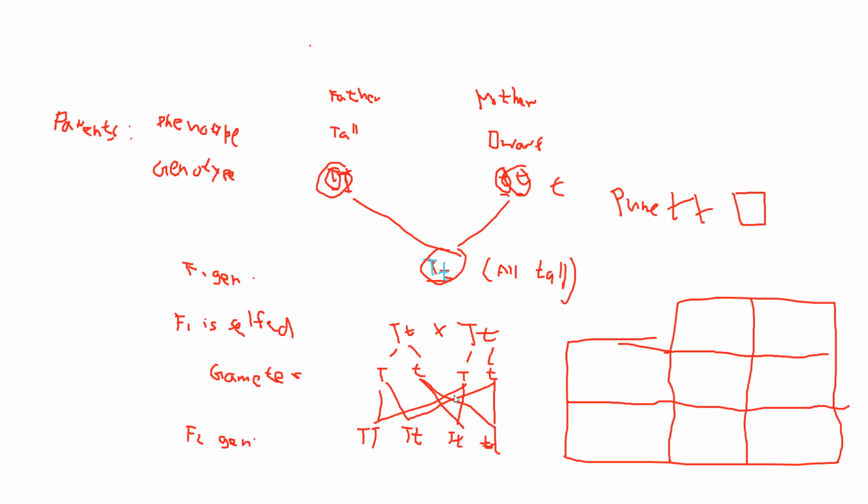And lastly, anyone can tell what will be the last one? Shortness. So now you have three tall plants and one short one.